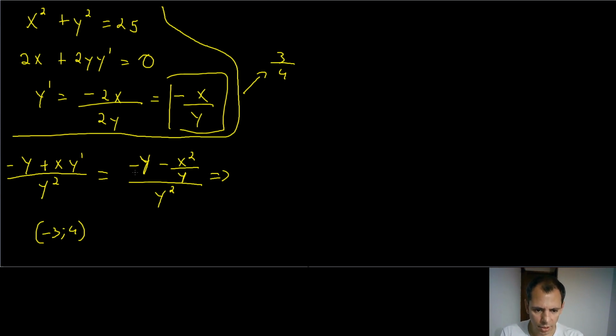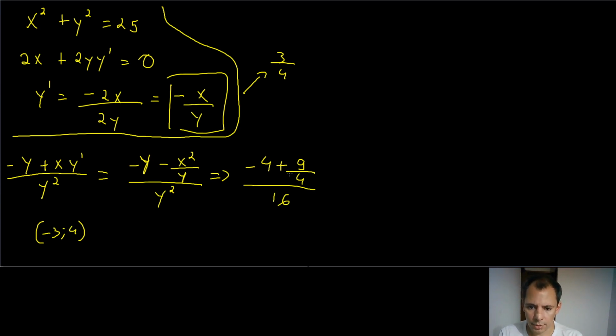Now -3 and 4 here. It's going to come up to -4, this is x and this is y. -4 with a minus is going to be a positive, so 9/4 divided by 16.